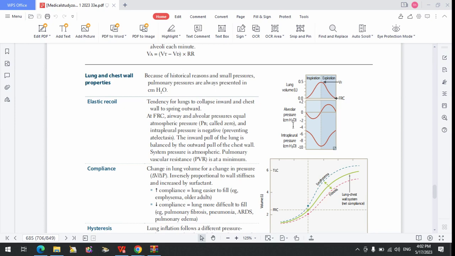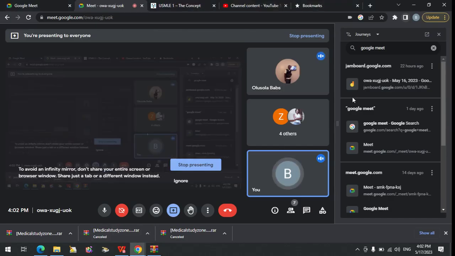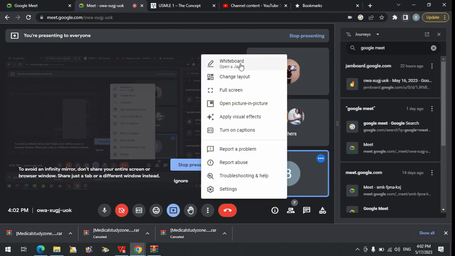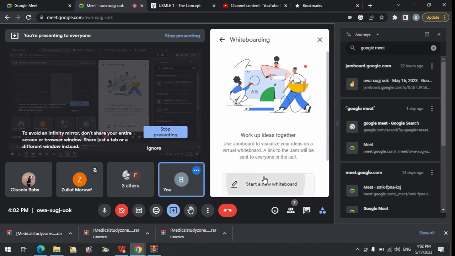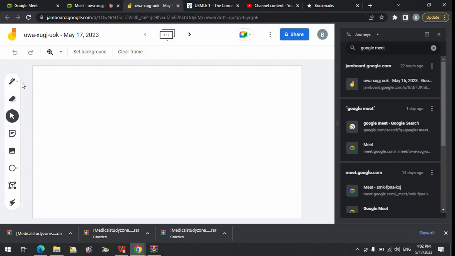Yeah. So what now? I have to also talk about some parameters. Let me see if I can make a drawing. Okay. So let's say this is the lung. This is the chest wall. And you guys know that the lungs are in between the chest wall.